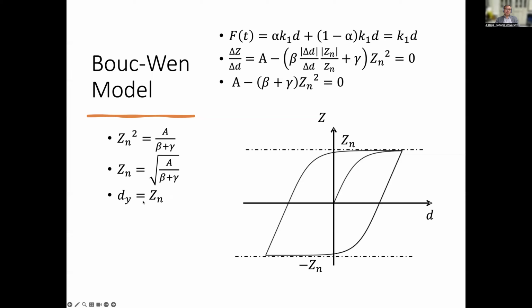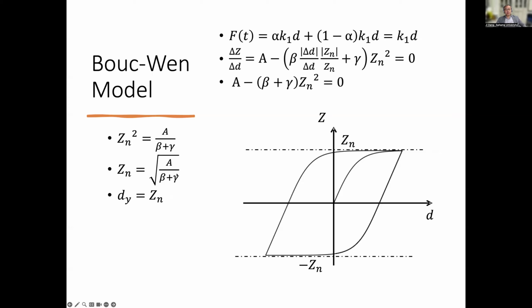So we know Zn is actually equal to dy. Zn equals dy. So Z will go from 0 to positive dy and to negative dy. So Zn is the boundary of Z, which is the yielding displacement. So A generally becomes 1, and beta plus gamma is decided by dy.